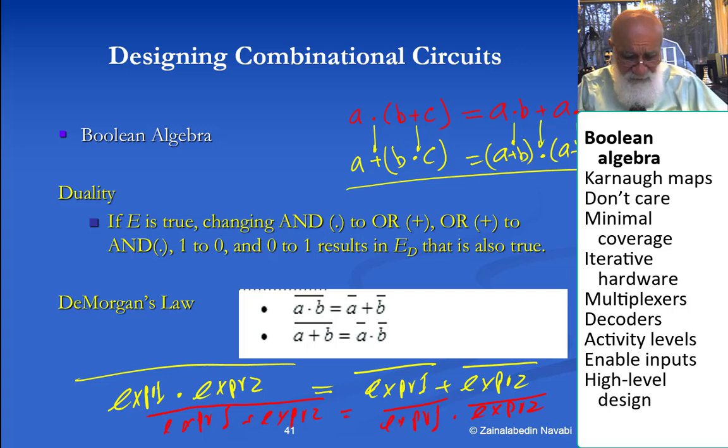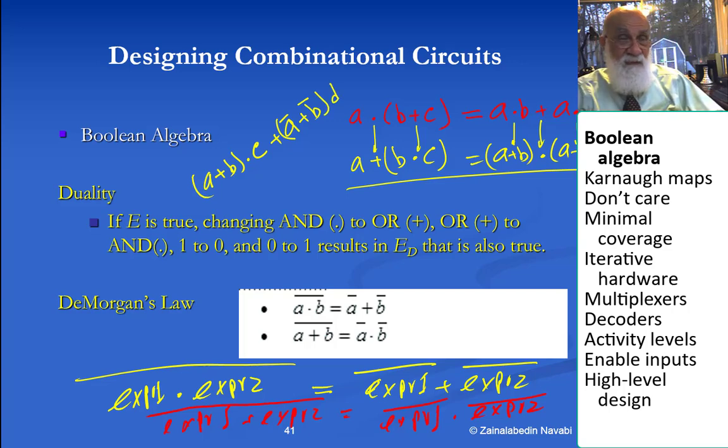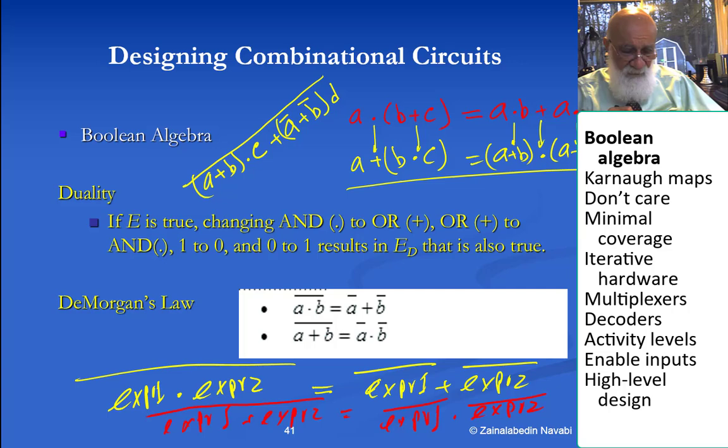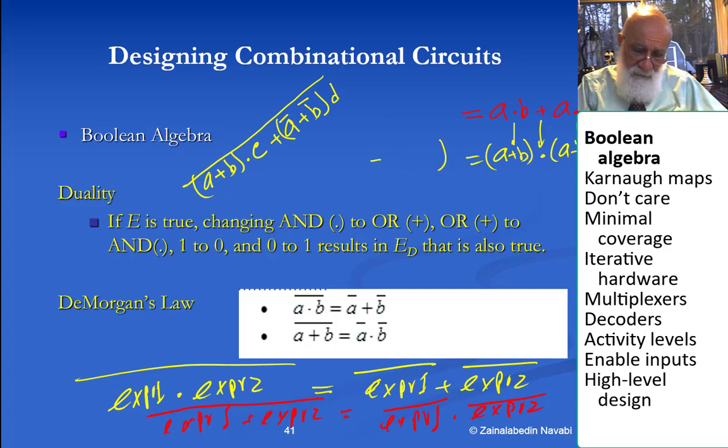If I have this expression here, A or B and C, ORed with A bar or B bar, and D, if you have something like this and I bar this, then I'm going to erase these to make room for this.